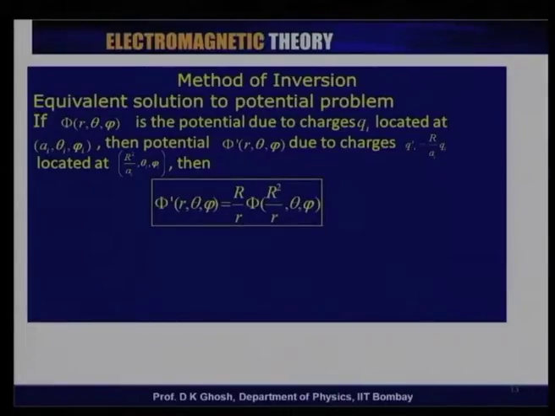So, phi prime of r theta phi is r by r times phi of r square by r theta phi.